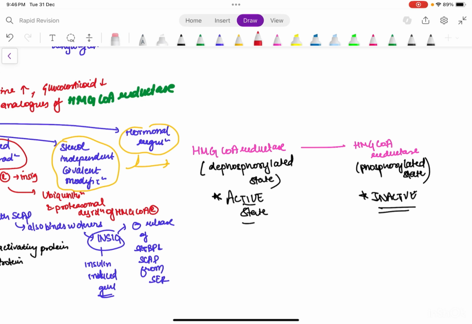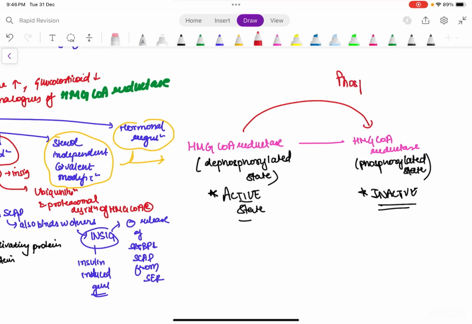Now you need to know what causes phosphorylation.